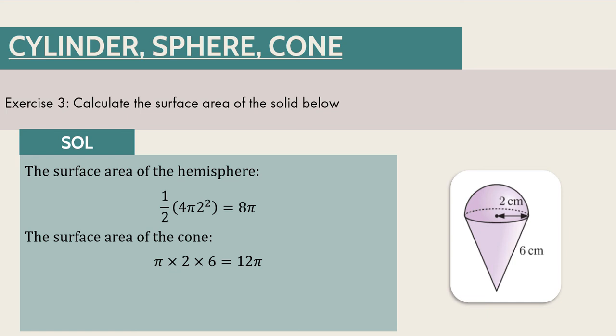Now in order to find the area of the solid, we only have to add them together to find the answer of 20 pi. You can convert it into a decimal number if you want to. It will fall somewhere between 62 and 70.